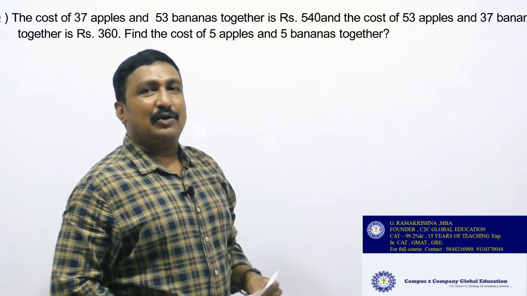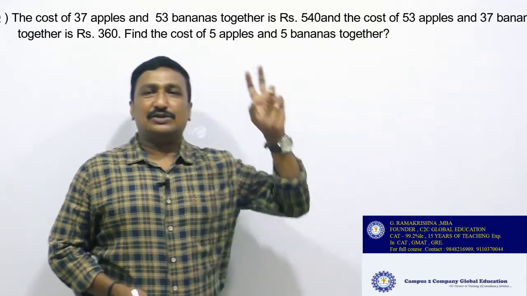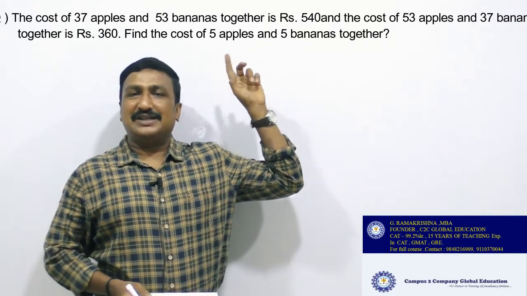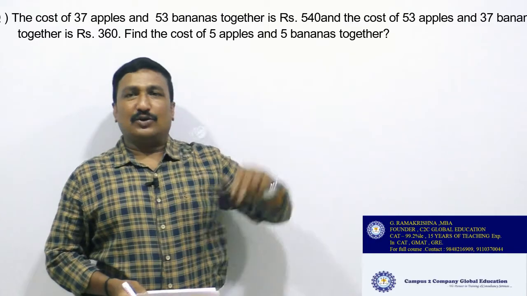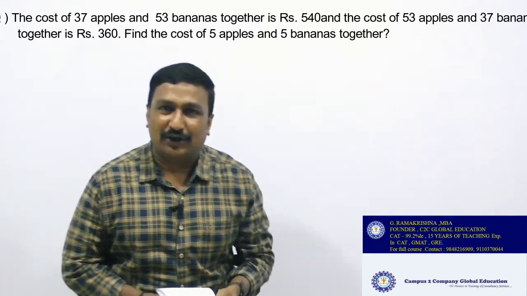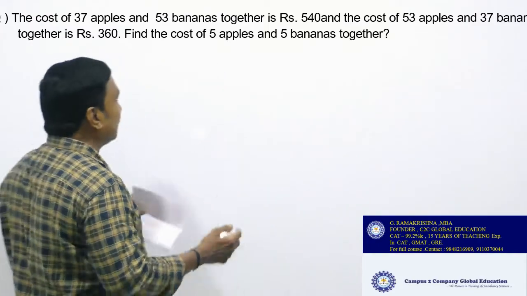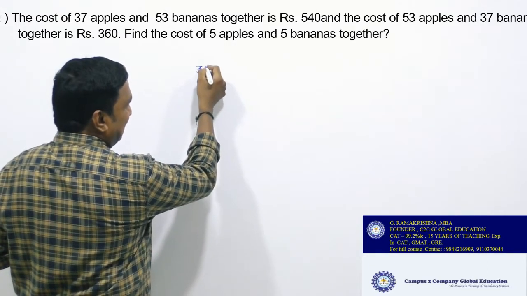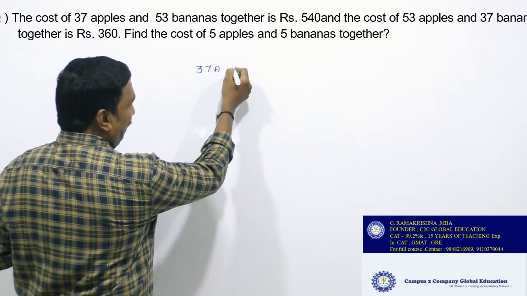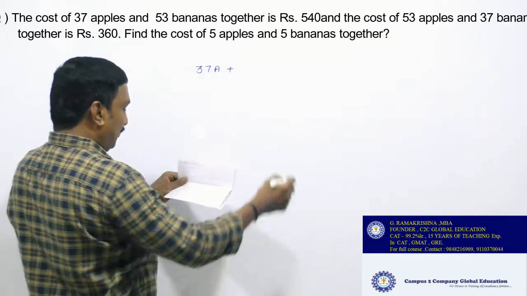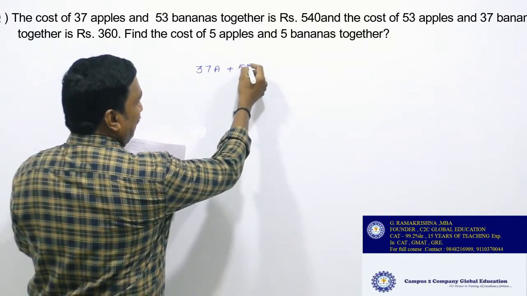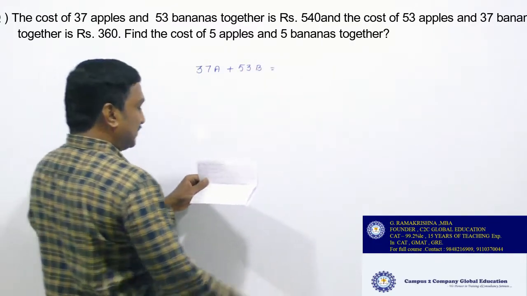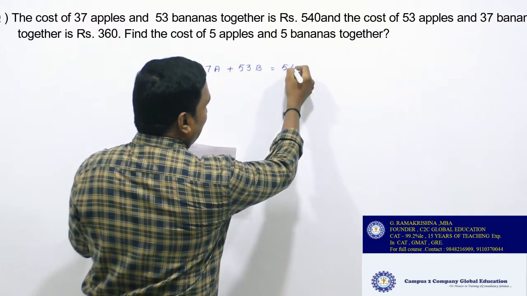Right friends, now look at the condition. Here also two variables are there. What are the two variables? Apples and bananas. So write the two equations according to the conditions. The first equation is 37 apples, so we can write 37a plus 53 bananas, 53b, is equal to, what is the total cost they gave? 540 rupees.